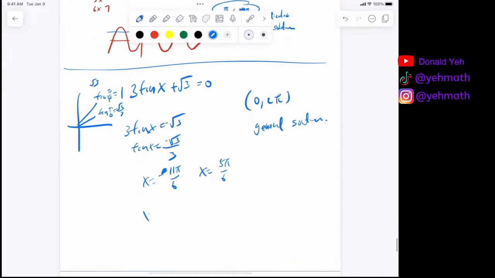Now, if I want to figure out the general solution, so 11 pi over 6 plus m pi, x equal to 5 pi over 6 plus m pi. Wouldn't it just be negative pi over 6?